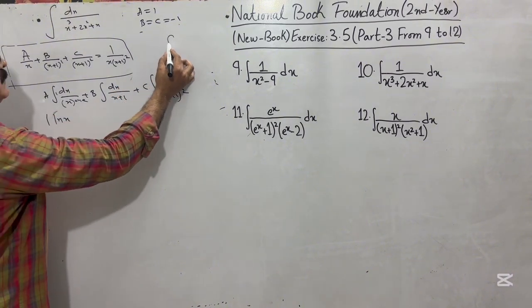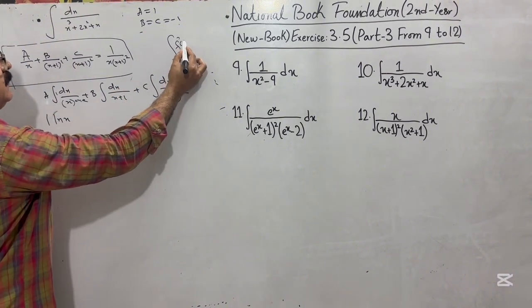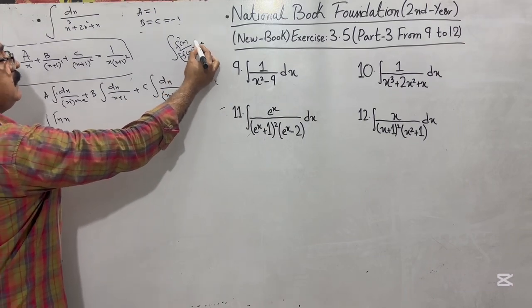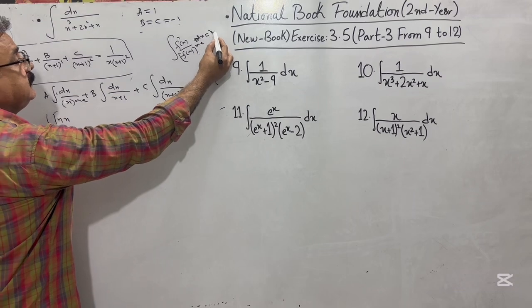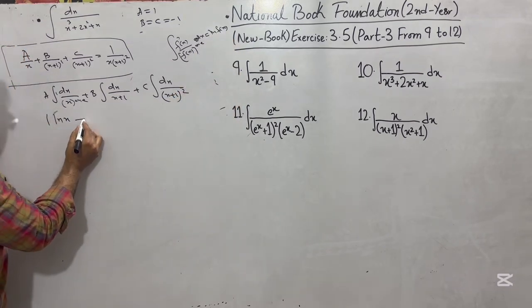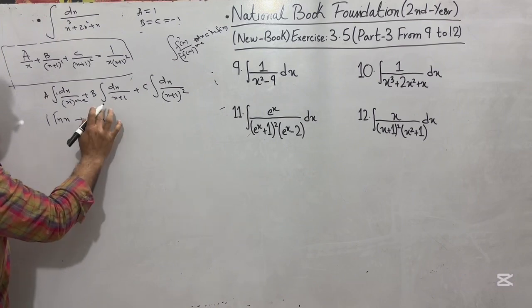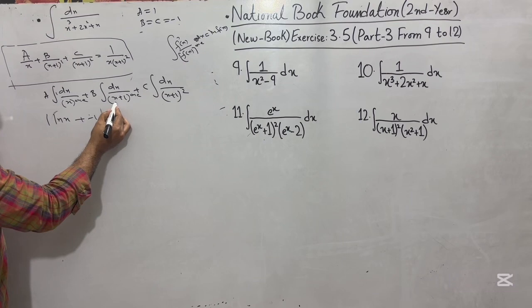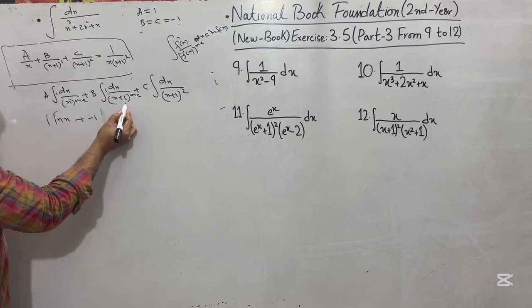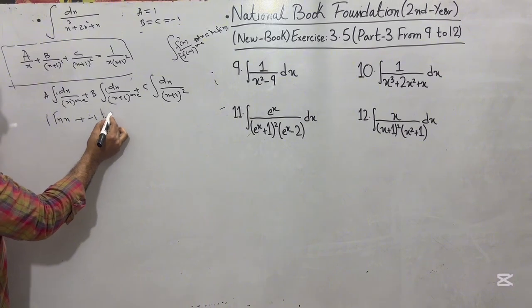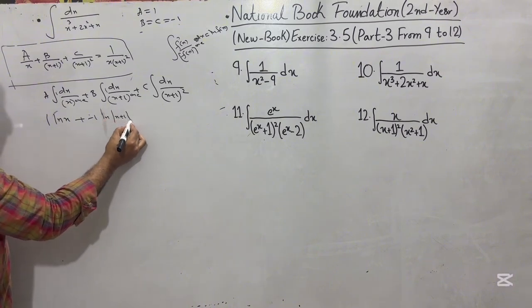I have told you several times. Let me write again. F dash x over f of x, having overall power 1. It is the case of ln function. Same situation here. Here, value of b is minus 1. Integrating this one, differentiation of x plus 1 is 1, function derivative, overall power 1, and value of b is minus 1. It is negative times ln x plus 1.